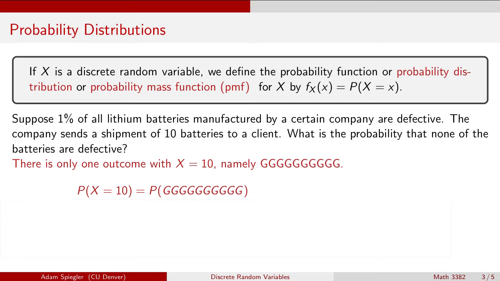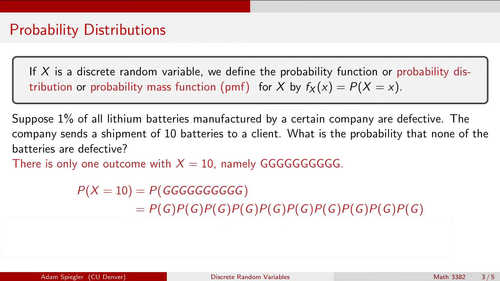What's nice is that each battery we pick is an independent event from the previous battery we pick, so we can use the fact that when we are working with independent events, we can just take the product of each of these probabilities. I can calculate the probability that the first one is good, a 99% chance, times the probability that the second one is good, and so on. We can't do this in general, but because we're working with independent events, we can break this up into individual products.